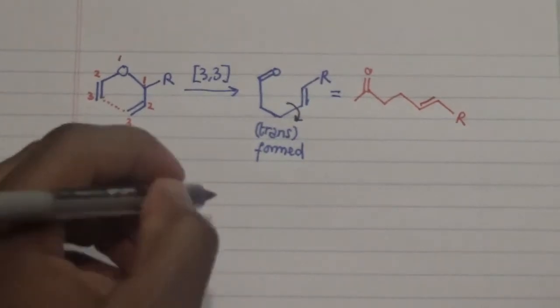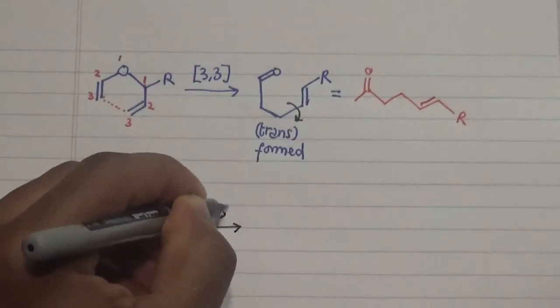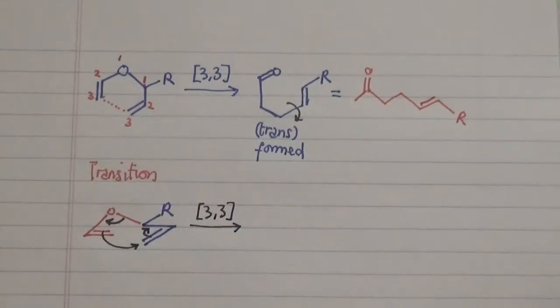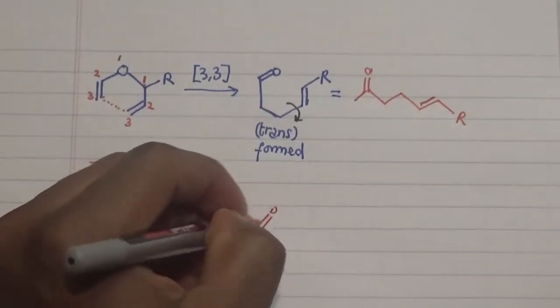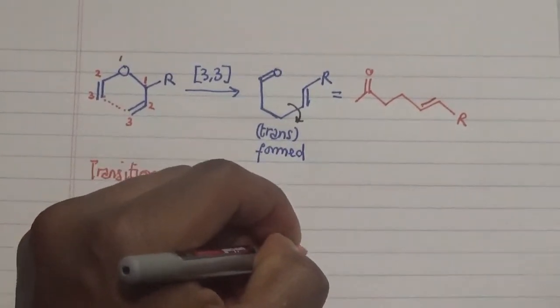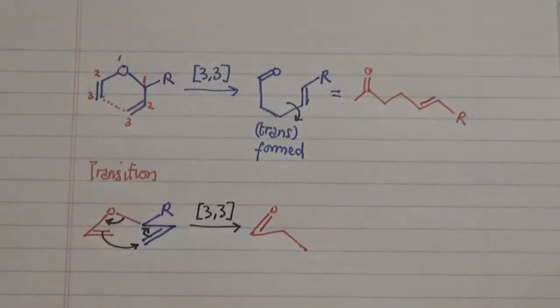Now, this leads to our 3x3 sigmatropic process, which arrives at our particular product in here where our oxygen is attached to this, and that leads to the formation of our new sigma bond in this particular location.